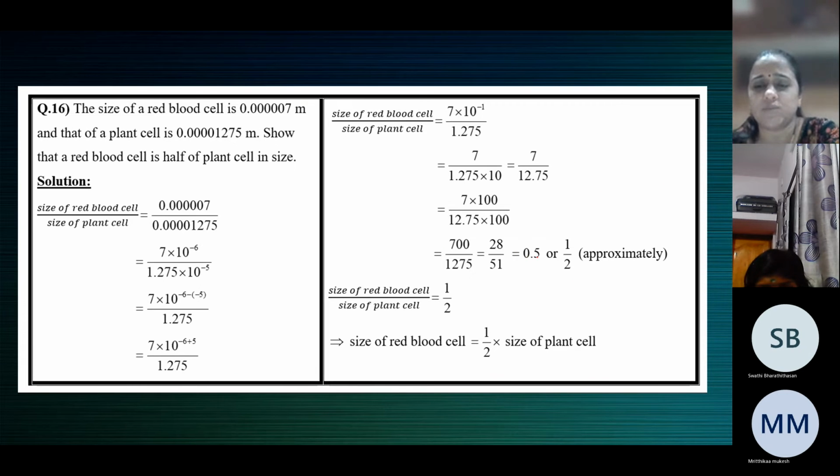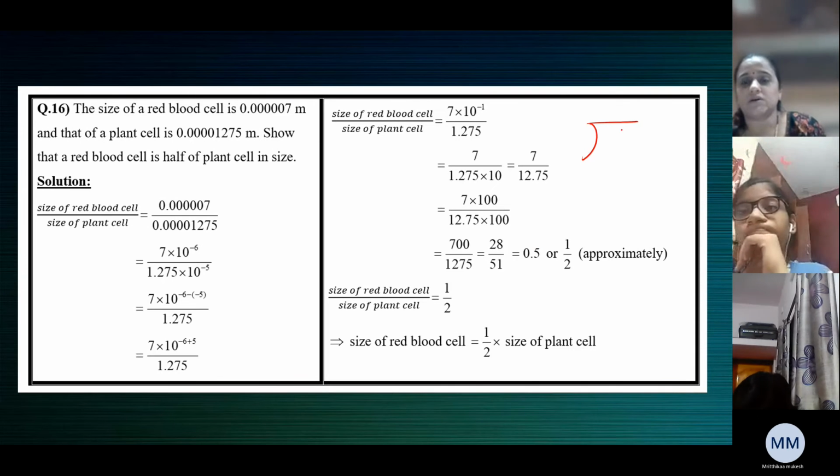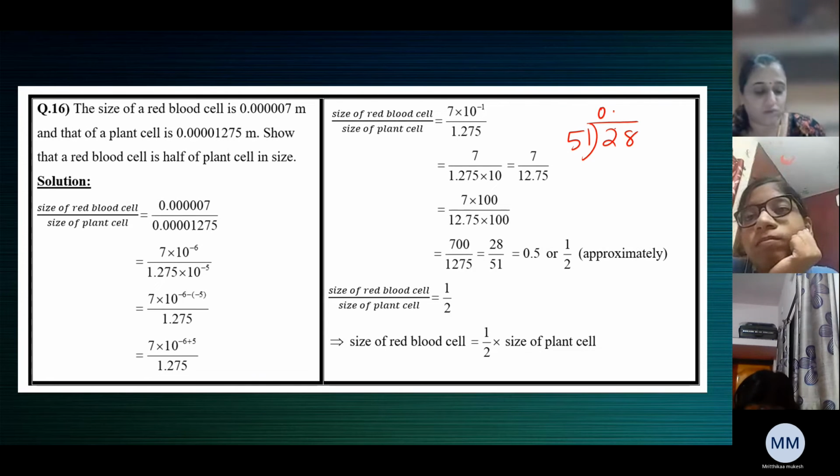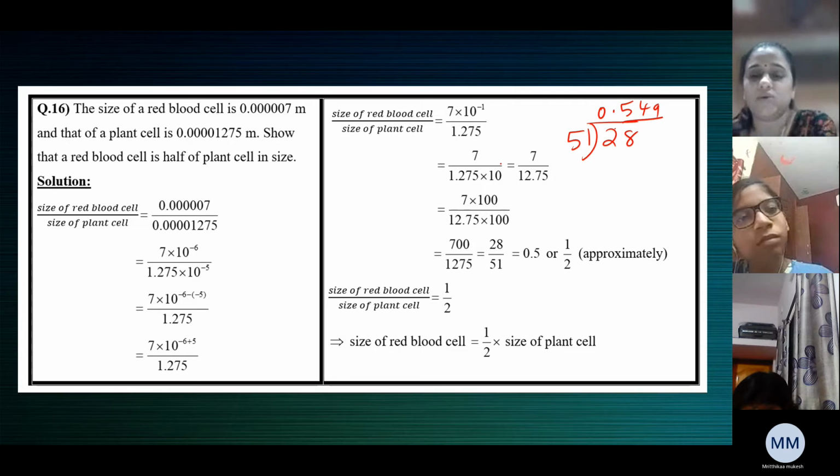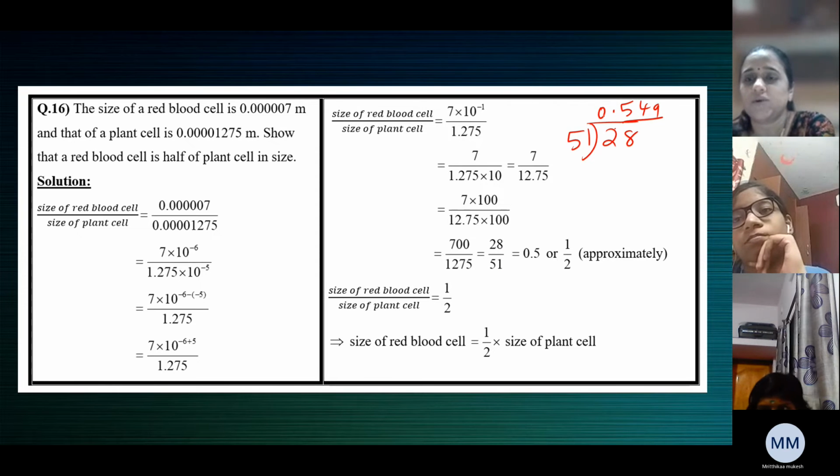You don't have to write 0.5. See, when I use the calculator, let me try 28 divided by 51. It says 0.549. When you actually do the division, 28 divided by 51, children, you get 0.549, and it goes on like that.